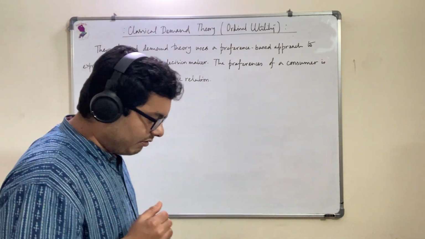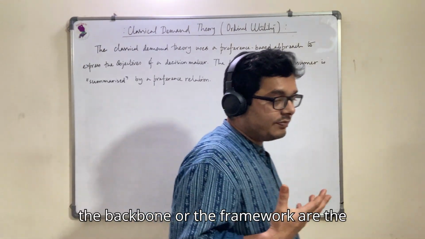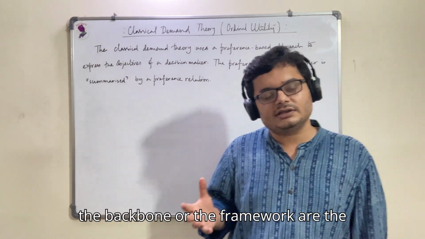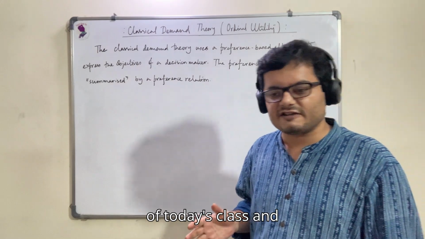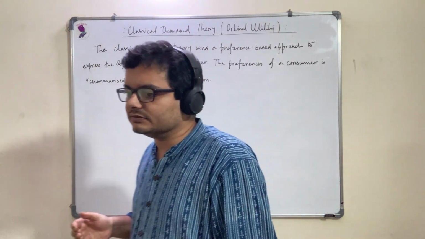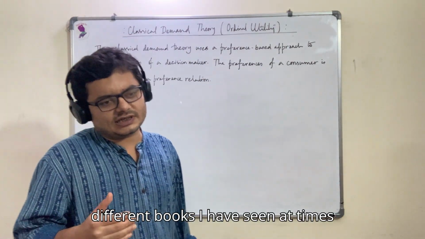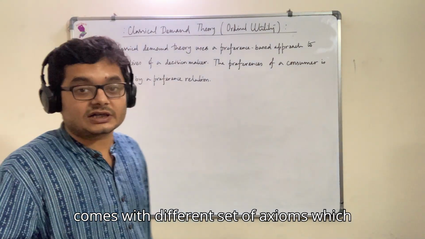Okay. Now, the backbone or the framework are the axioms, which are the central topic of today's class. And different books I've seen at times come with different sets of axioms.